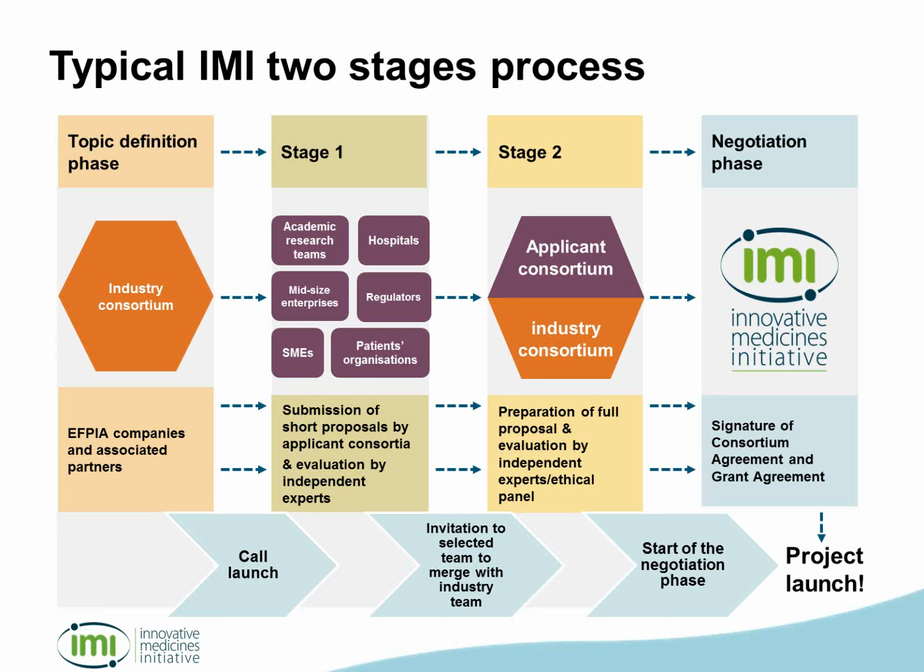The important thing to note here is that you must address everything that you're expected to address in the topic text, okay? This is somewhat different from Horizon 2020, where you can select a particular aspect of the topic to address. Under IMI, it's important that your proposal addresses everything in the text.